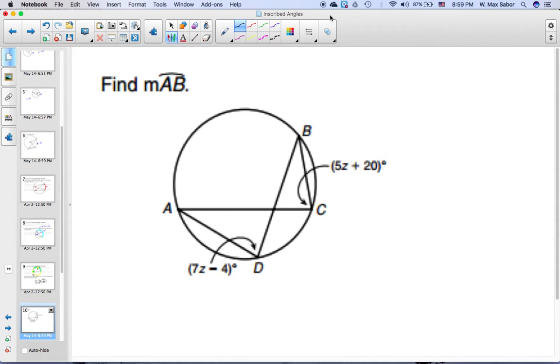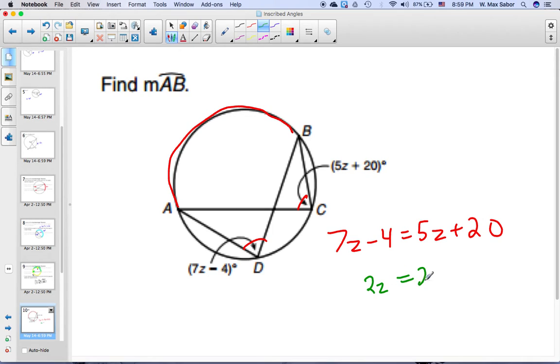So how do we apply this? Well, here, this faces this. So if we doubled that and then cut it in half, it would be the same as that. So we could say that 7z minus 4 equals 5z plus 20. We can solve that equation and get 2z equals 24, so z is 12.